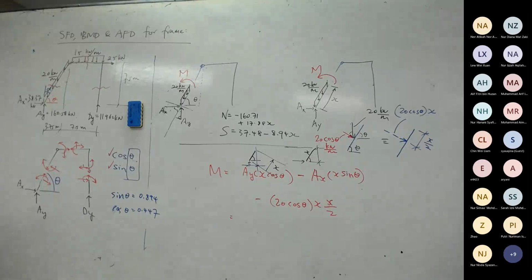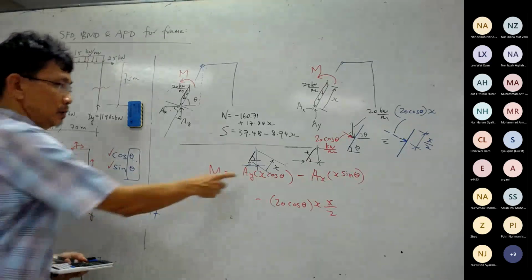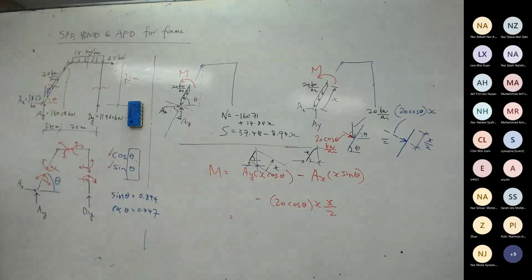So what do we get here? Okay. You can simplify this: AY cos theta minus AX sin theta. So AY is 160.58, that's 47.38.37 multiplied with 0.894, 37.48.